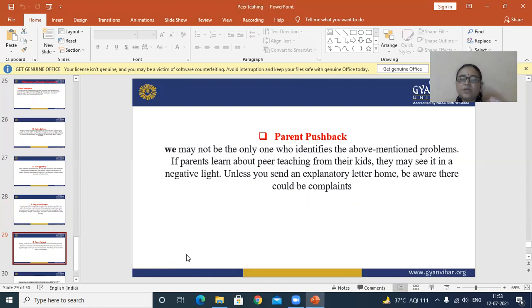Parent pushback. We may not be the only ones who have identified the above-mentioned problems. If the parents learn about peer teaching from their kids, they may see it in a negative light.